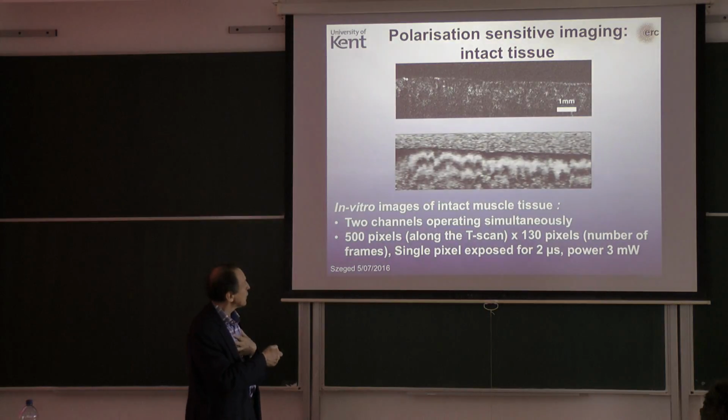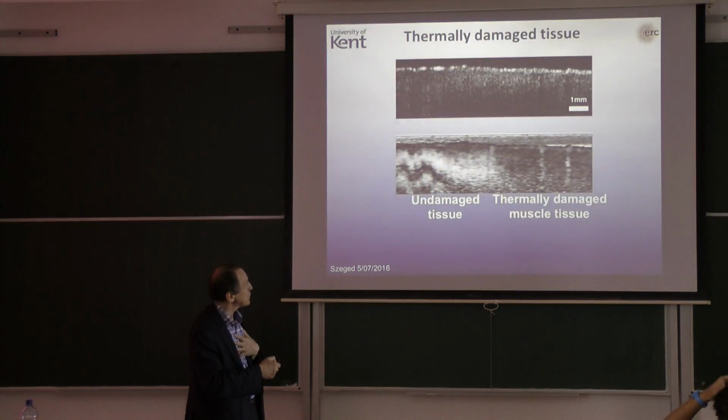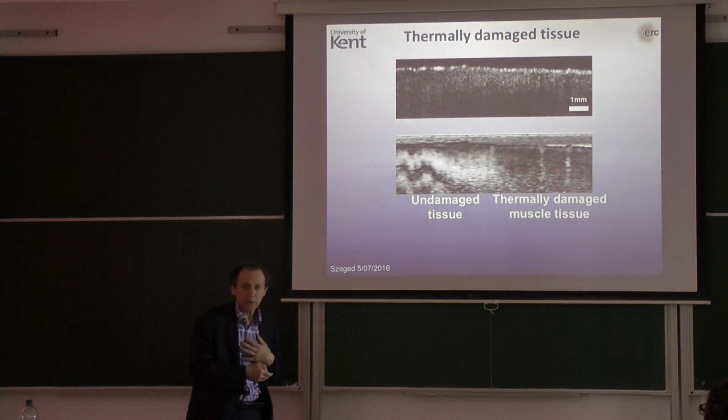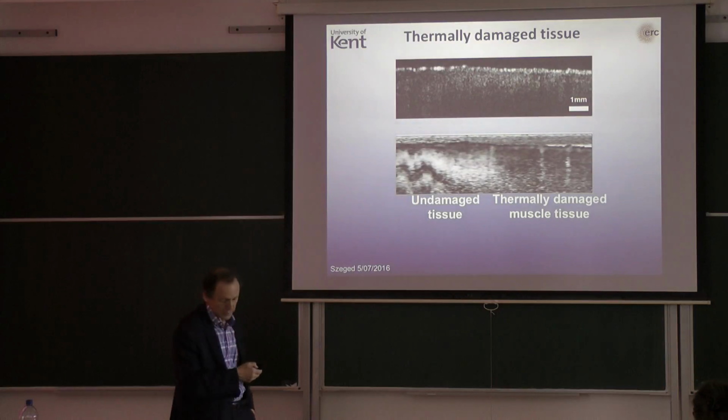What is displayed here is the intensity image, and this is the birefringence image. So if the tissue is heated up, the birefringence image immediately shows that the collagenous links disappear. There's no periodicity, changing the phase from 0 to pi and so on. Okay? So that's good for looking at burns.